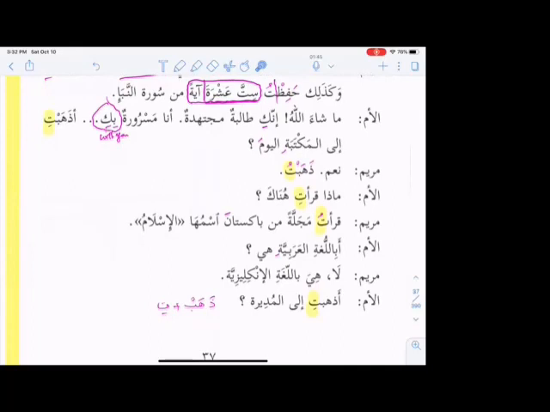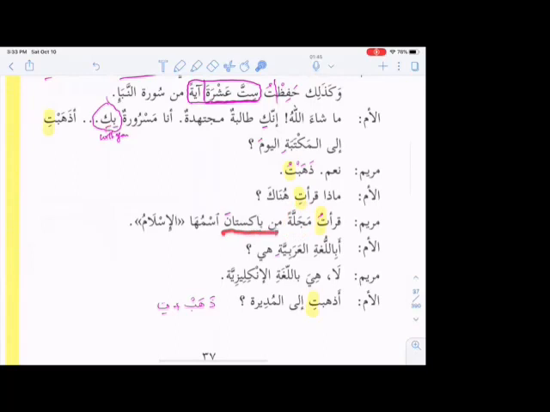Did you see here? Dhahabtu. Na'am, I went. Madha qara'ti hunaka? What did you read there? Qara'ti changed into qara'tu. Maryamu: Qara'tu majallatan. Maf'ulun bihi, mansub. I read a magazine.